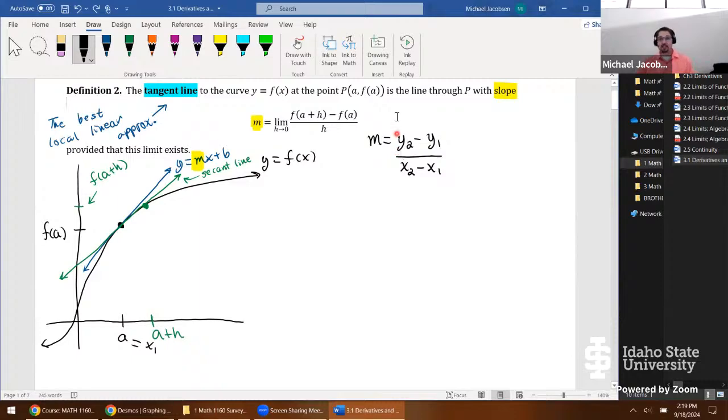Let me say this as y2 coming from over there equals that point, f at a plus h. y1, that's just the first point over here. And that one we're labeling as f of a. We're emphasizing the function notation. So y1 equals f of a. Down below over here, a was x1, but let me just move that label over a bit.